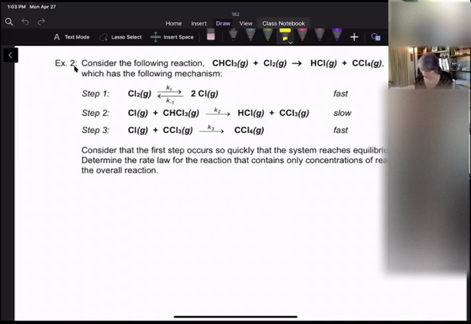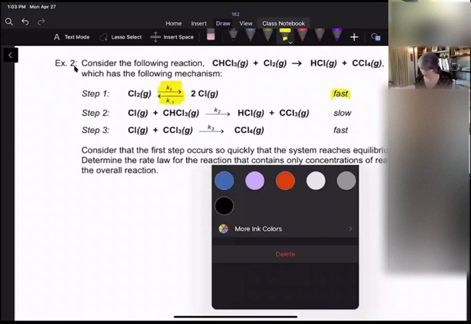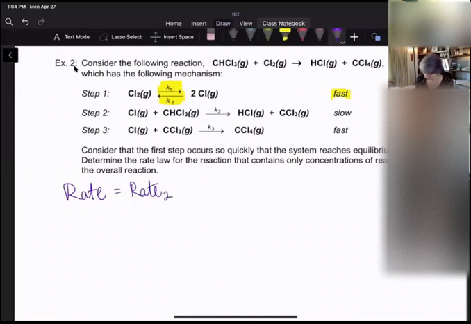So we assume that the first one reaches equilibrium and it's fast, right? Our overall rate is going to be equal to the slow step, right? So that'll be rate number 2 for step 2.